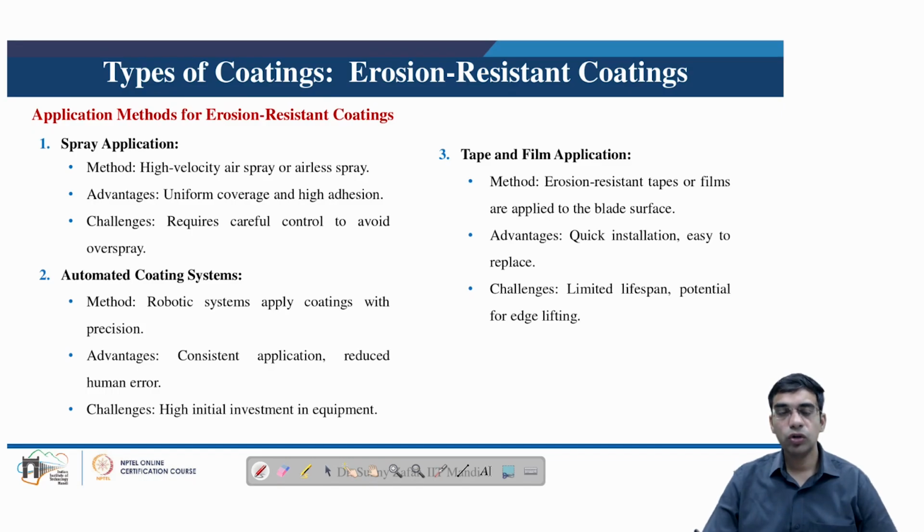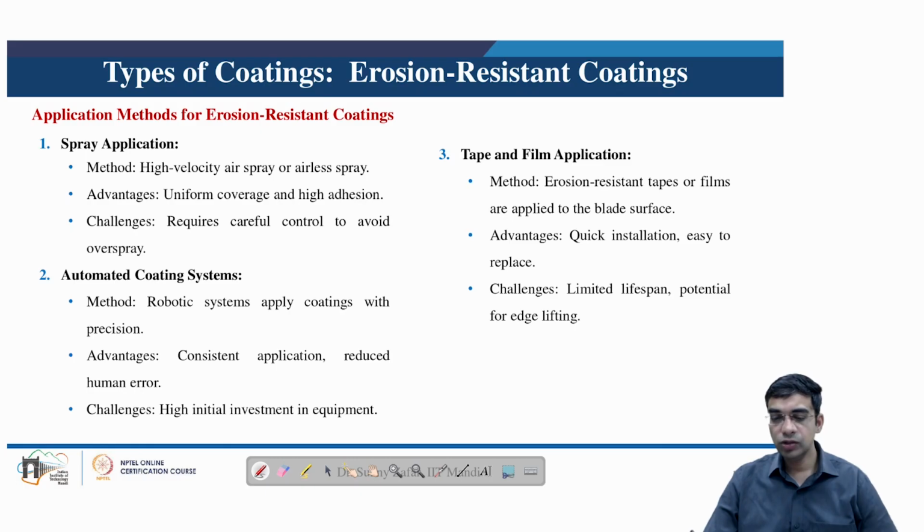Second is automated coating systems. So these are robotic systems which are used to apply coatings with precision. The advantages include consistent application and reduced human error. The challenges include high initial investment cost in the equipment. Third method is the tape and film application.